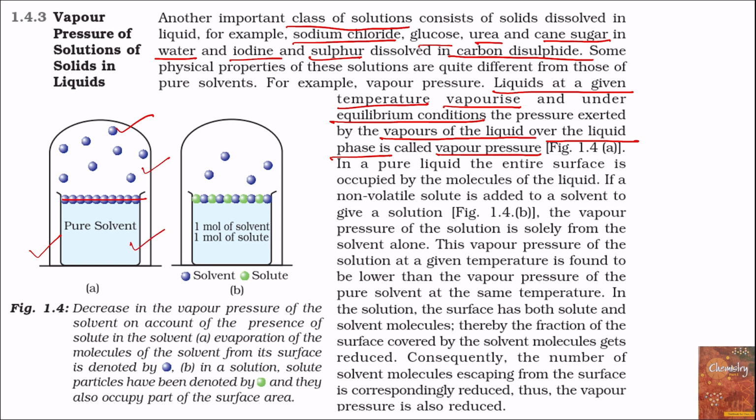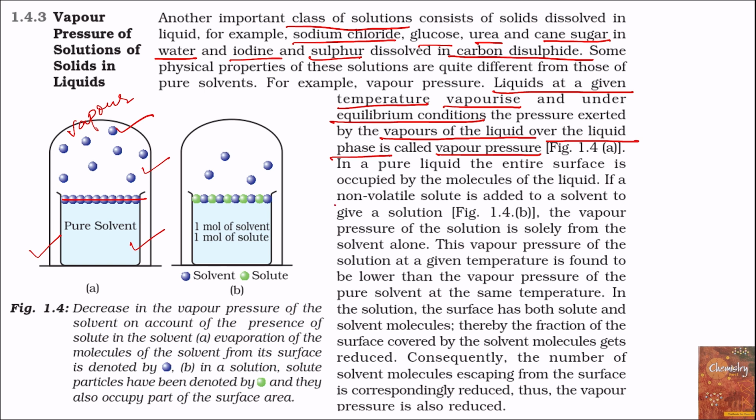This is the liquid phase and this is the vapor phase. So the pressure exerted by the vapors of the liquid over the liquid phase is called vapor pressure. Now what happens in a pure liquid, for example in water, the entire surface is occupied by the water molecules, and these water molecules are escaping into the vapor phase, exerting the vapor pressure.